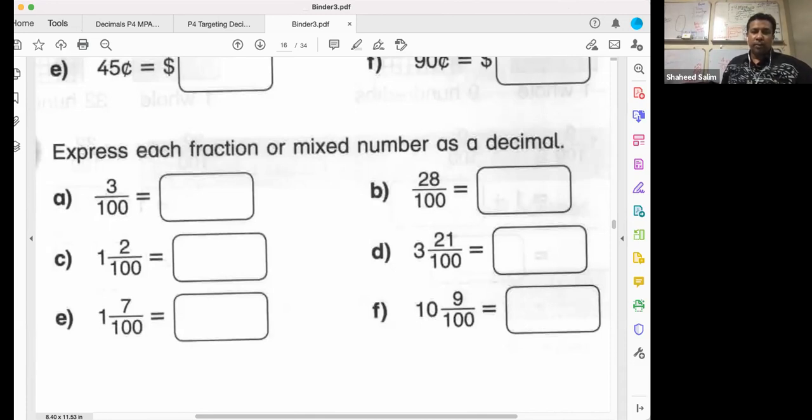Well done, Putra, for C. Well done, Shafia, for C. Well done, Putra, for D. Well done, Shafia, for D. Well done, Putra, for E. Well done, Shafia, for E. And the very last one, who will come in first?